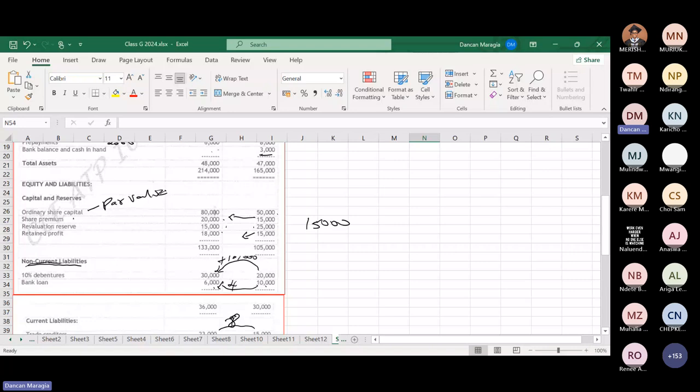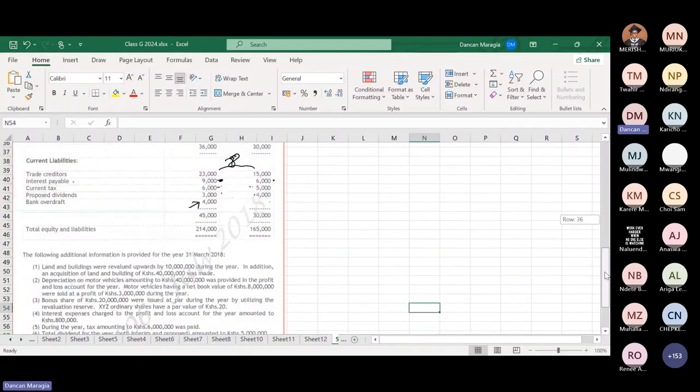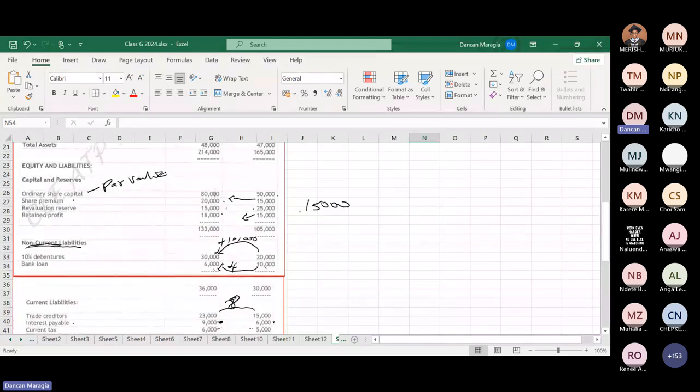We have been told land was revalued upwards by 10 million. Assuming we don't have any other revaluation, we expect the revaluation account to have how much? 25 million. Sorry, we started with 25, not 15. That was our previous year. Those are the things we should always remember. So my previous year was 25. I had 10. That should give me 35 million.